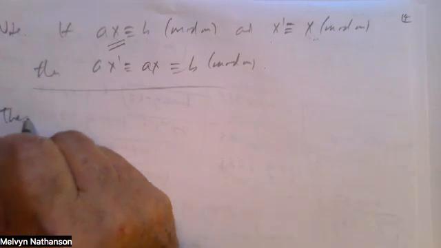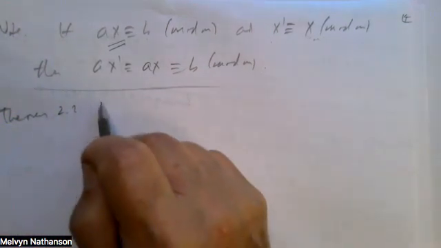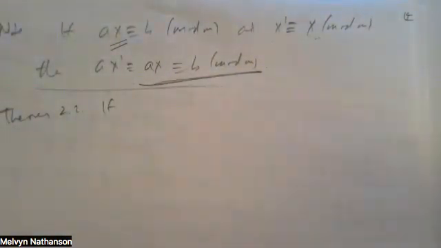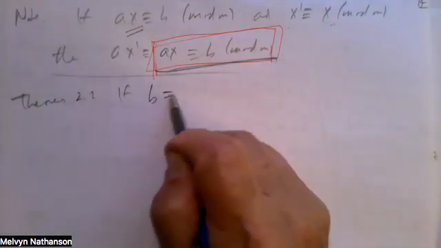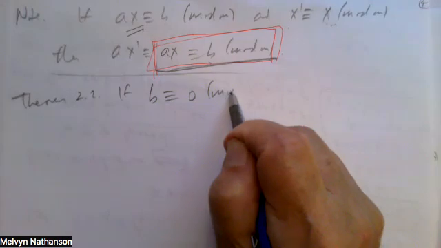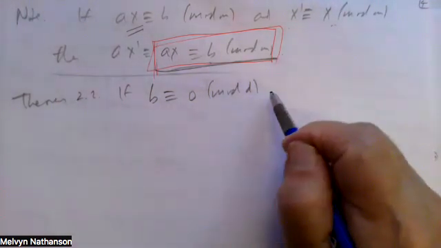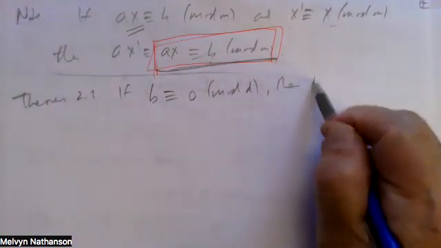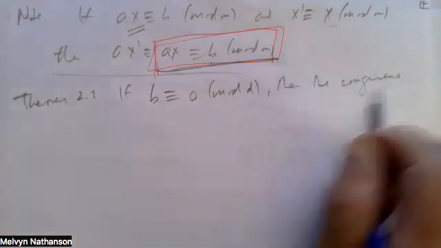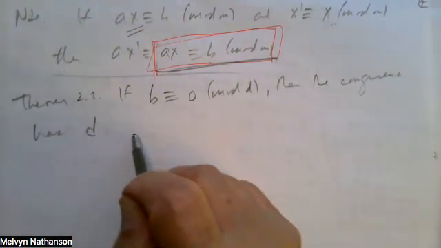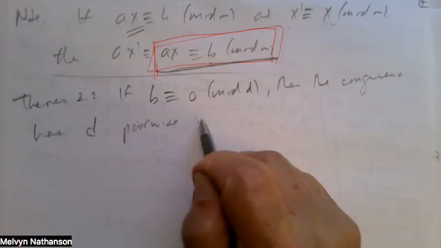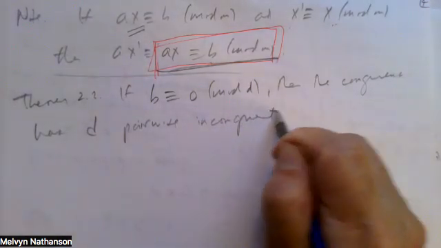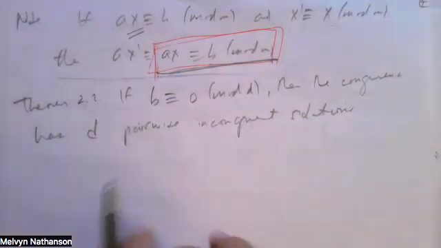And the second part of theorem 2.2 says, so we're looking at this linear congruence, AX congruent to B mod M. If B is congruent to 0 mod D, then this congruence has exactly D pairwise incongruent solutions.